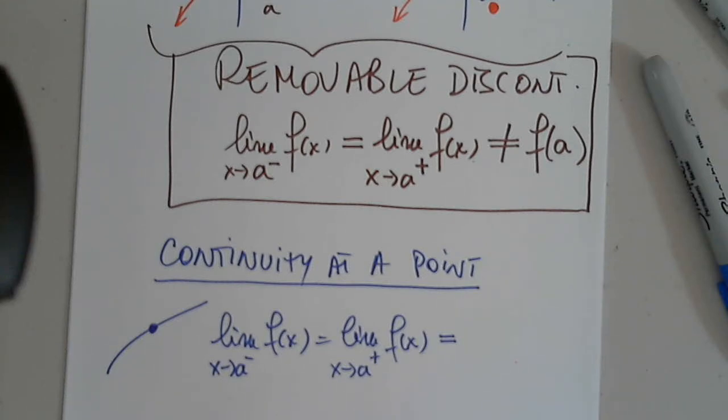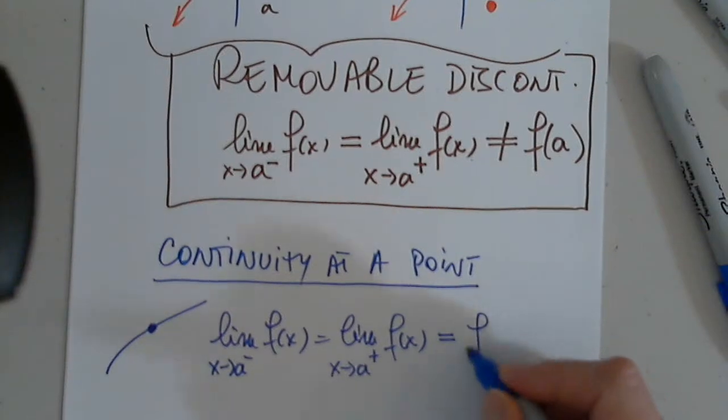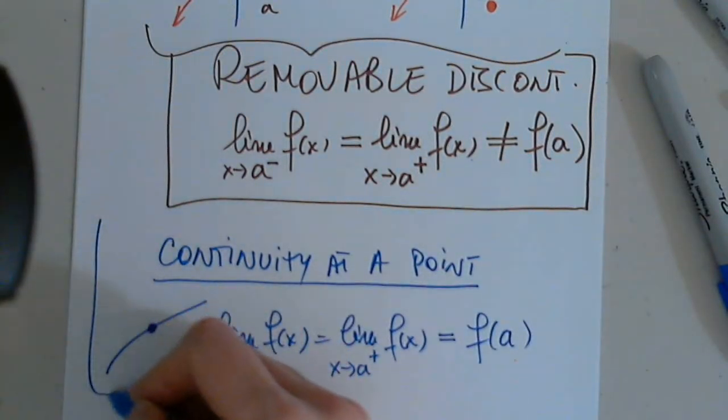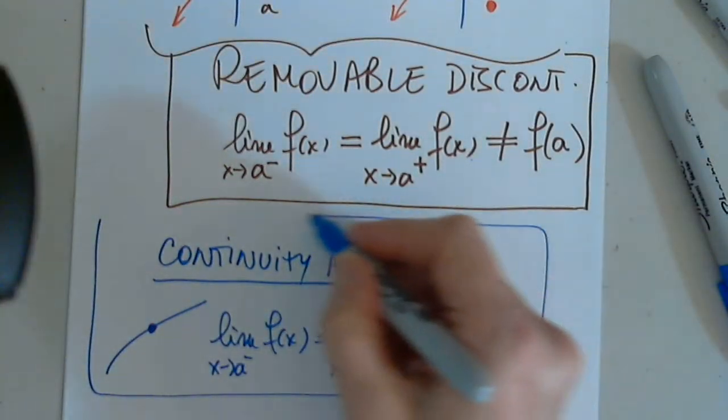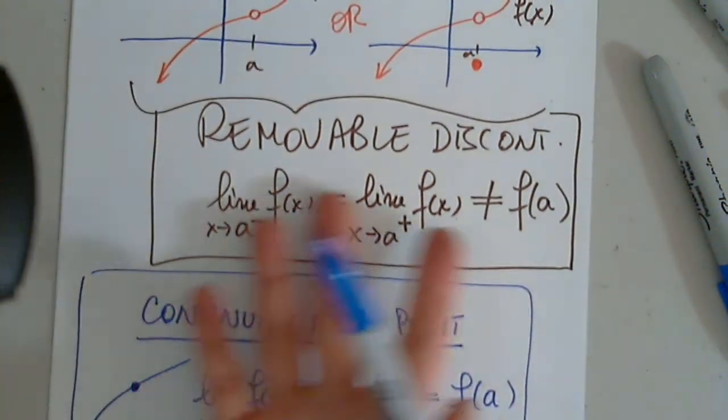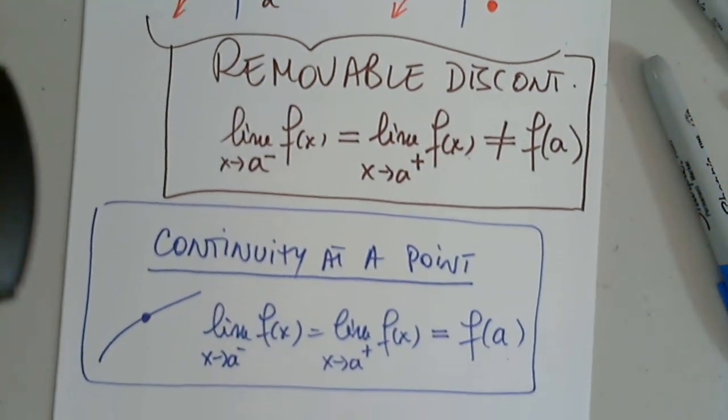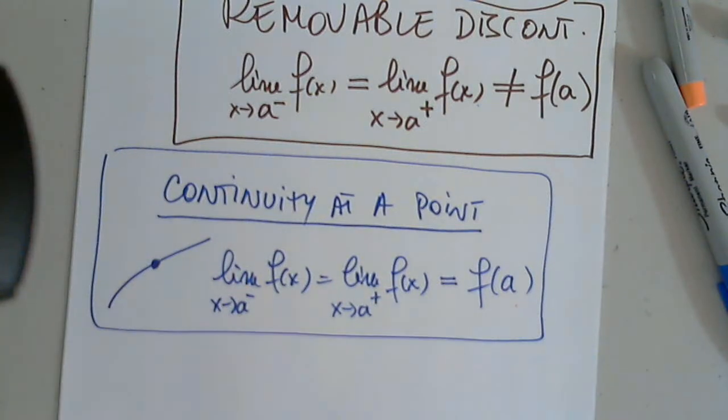A. Careful. F of A. Very good. This is continuity at a point. Exactly what the removable does not have. So the limit from the left and from the right are the same, and they must equal the function value at that point.